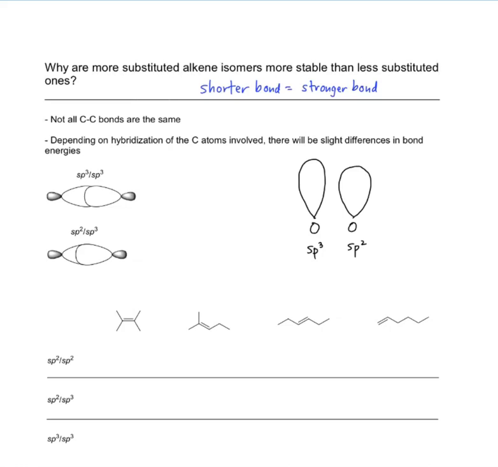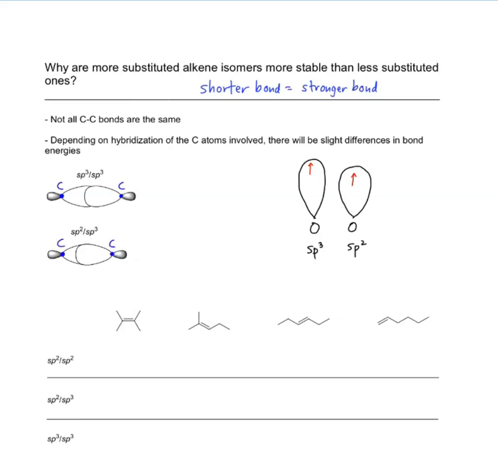An electron in an sp3 orbital, on average, will be held farther from the carbon nucleus than an electron in an sp2 orbital, which is more squished down, more compact. So, all other things being equal, carbons that have different hybridizations are going to form bonds with differing lengths.